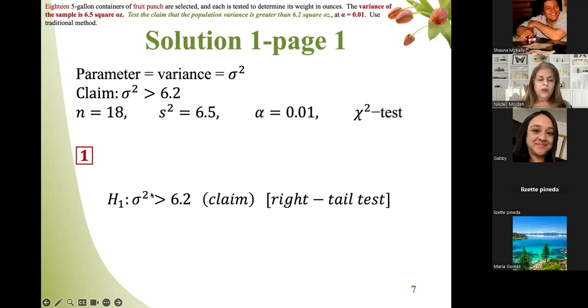The opposite of greater than is less than or equal. So the null hypothesis is sigma square less than or equal to 6.2, equivalently sigma square equal to 6.2. I also need the tail test. The name of the test is in the direction of the alternative hypothesis. Sigma square is larger than 6.2, so I'm looking at a right tail test.